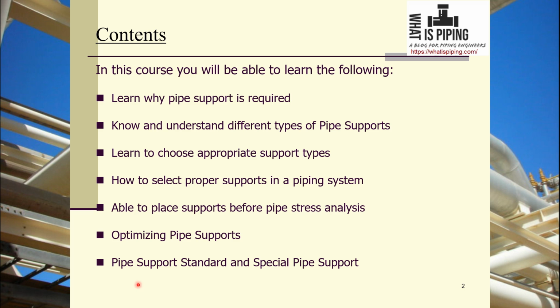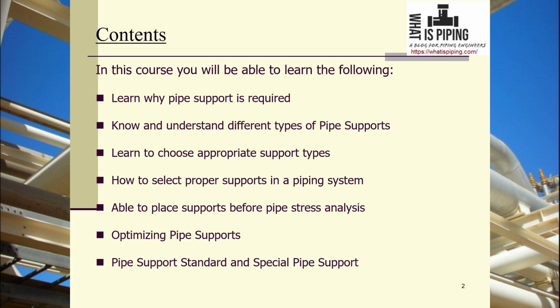Then pipe support standard and special pipe support. Now you will know the roles of a pipe support standard in every project, what points are covered in a pipe support standard, what a special pipe support is, and when we go for a special pipe support. All those philosophies are discussed in the course.